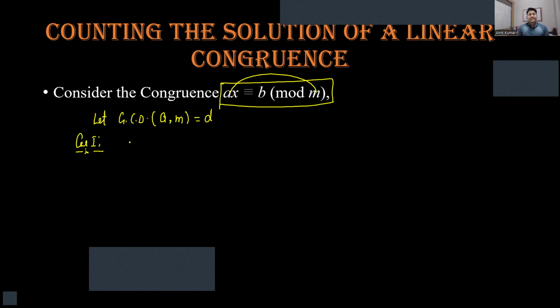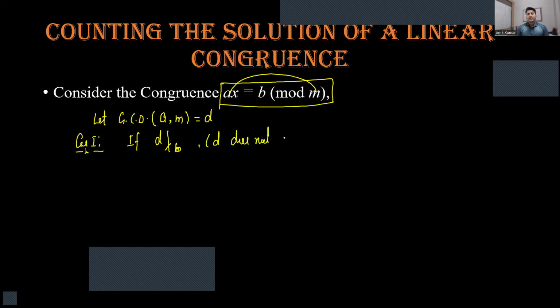Case number one says that if d does not divide b, that is, the GCD of a and m does not divide the number b. How to read this line? A vertical line crossed: d does not divide b.